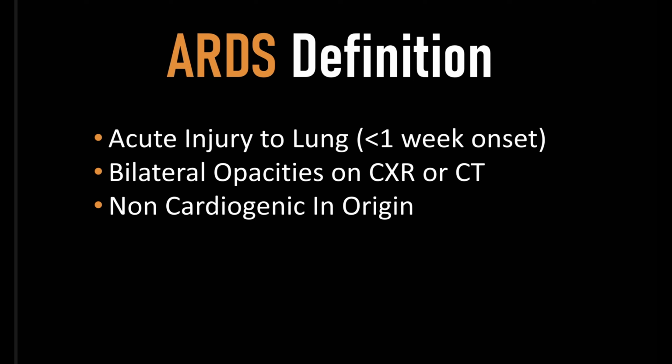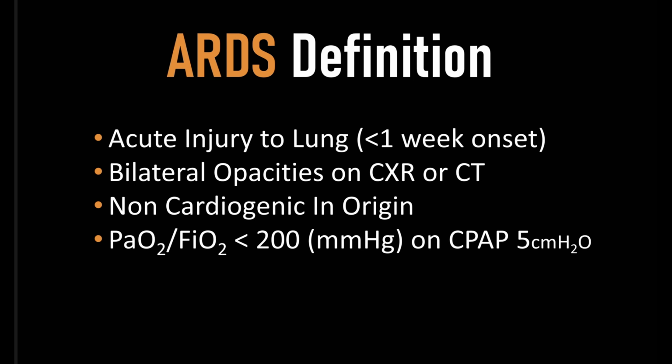Most importantly, there must be an oxygenation defect with a PaO2/FiO2 ratio of lower than 200 millimeters of mercury. Now that cannot have been caused by atelectasis, so in the Berlin version of the ARDS definition, the patient must have had CPAP or equivalent of 5 centimeters of water. Usually with atelectasis, that will recover with some CPAP or recruitment maneuver.